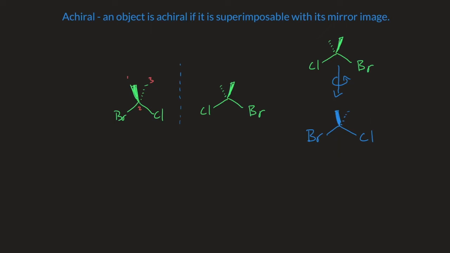And if I try to superimpose this blue version over this green version, those match up perfectly. And so that is an achiral object.